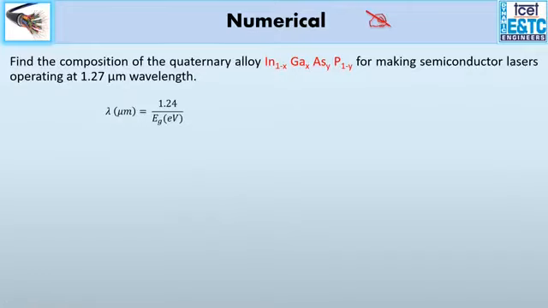Now the reverse question is there. You are asked what should be your composition so that you have your operation at 1.27 micrometer wavelength. So your wavelength is given to you. Can you find out your Eg?